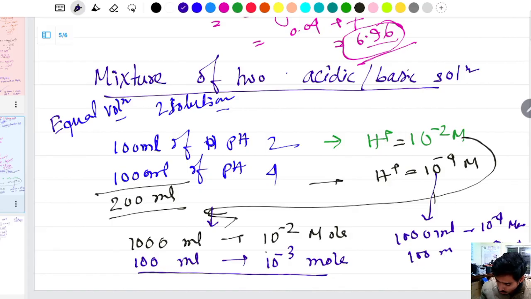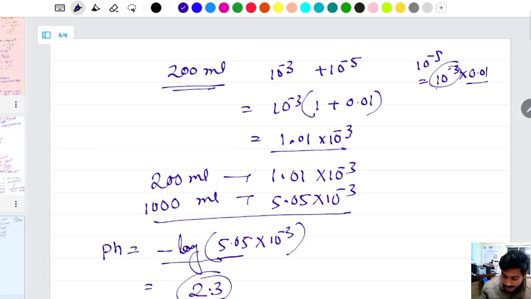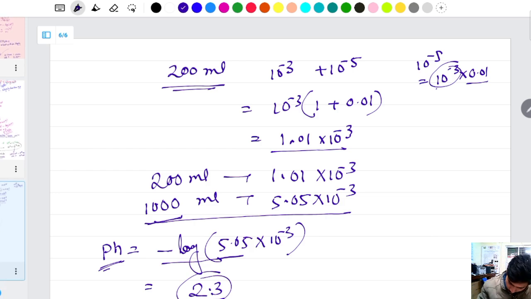Always you go for 500 and then go for 500 and then mix up. And if you mix up, it will be 1000 ml. And if it is 1000 ml, then you just calculate the H plus ion and then put it in the formula. Hope that you can make it more prominent, and also you go for that.